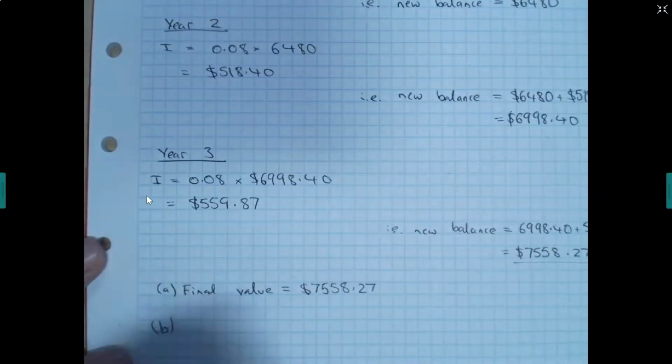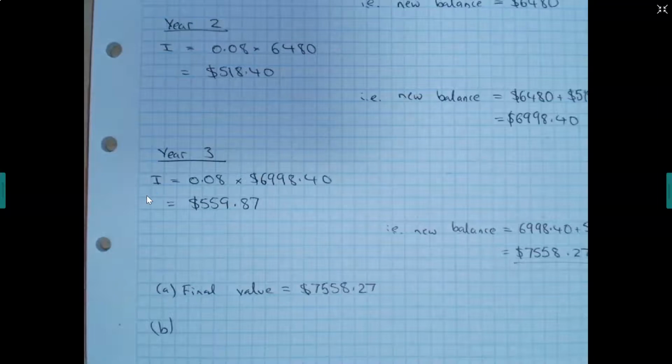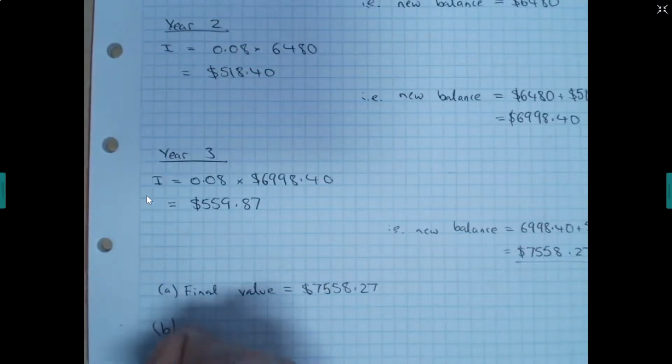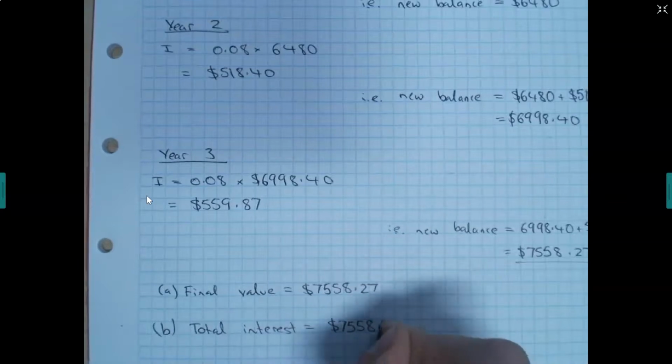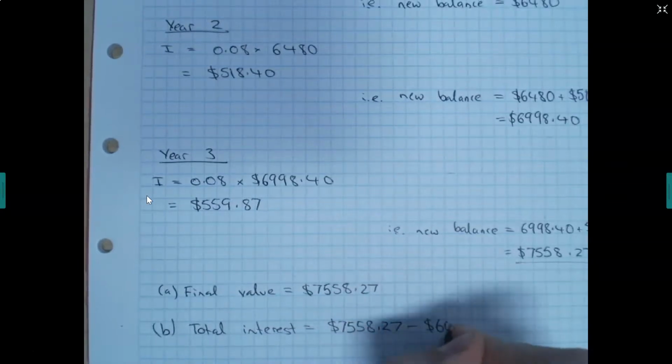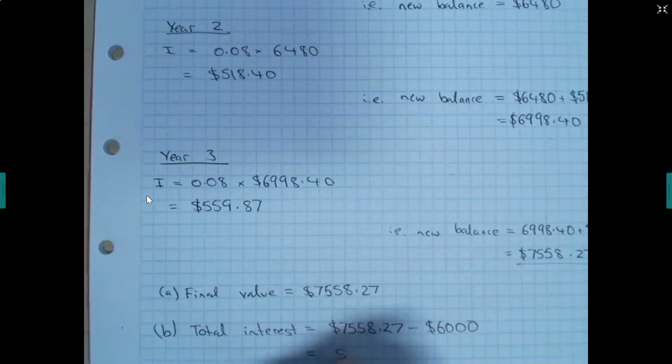And then B, if we wanted to know how much interest was made on our $6,000, you simply subtract 6,000 from that final balance, and then that will show you how much interest was accrued. So total interest is equal to 7,558.27 minus 6,000, which will be 1,558.27.